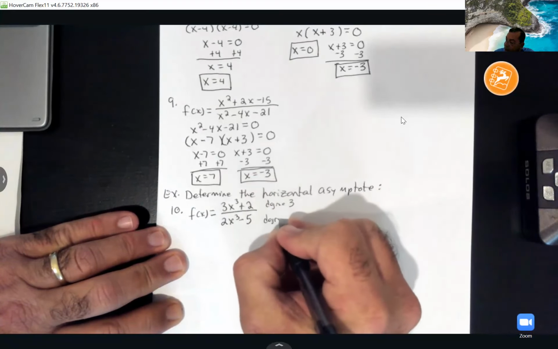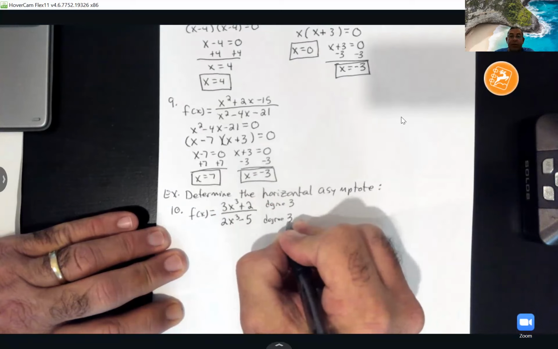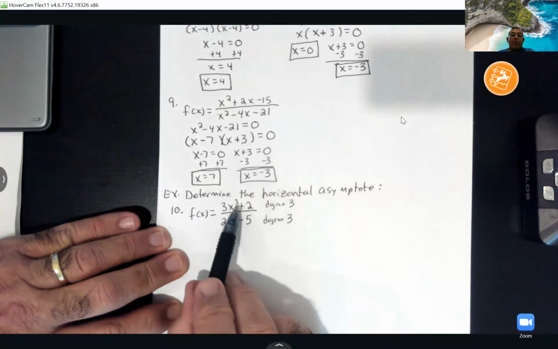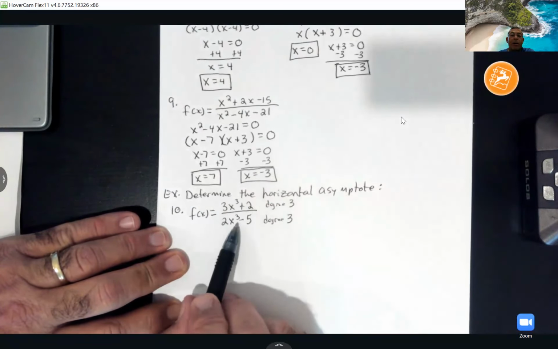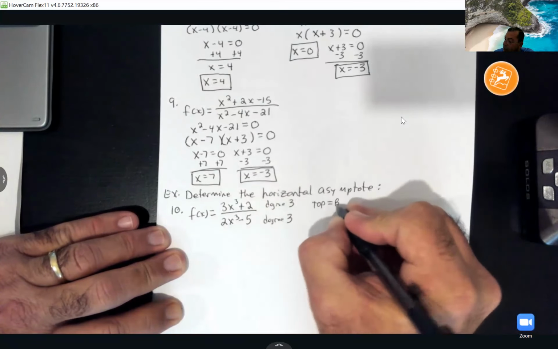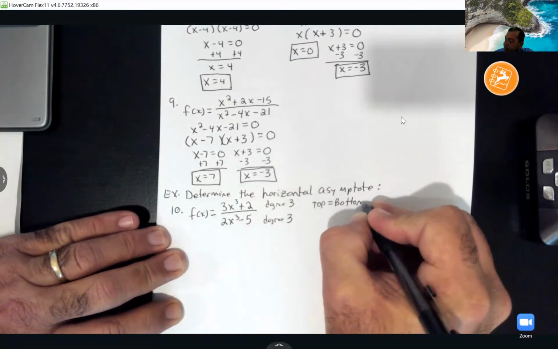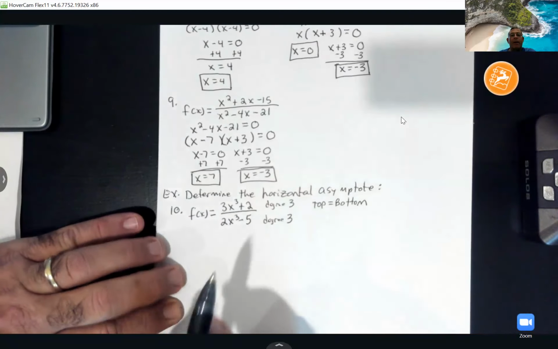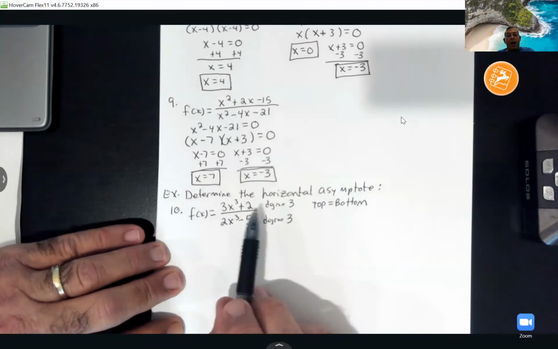My degree on the bottom is a 3. So both of these have a degree 3. So that means the top equals the bottom. Well, y'all, when the degrees were equal, we said that our equation would be y equals a over b.